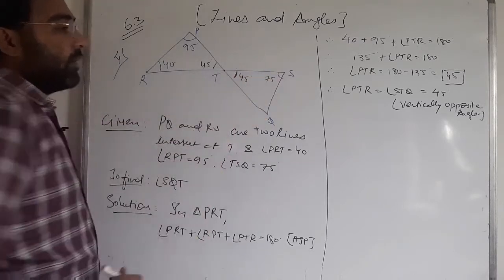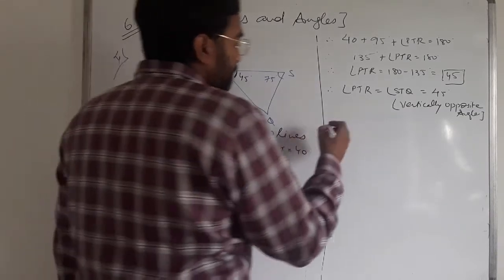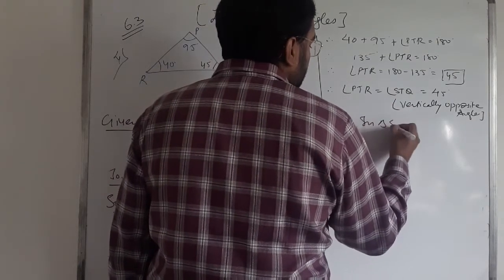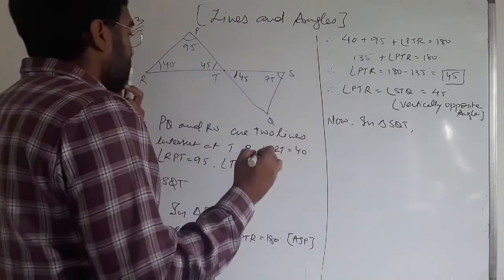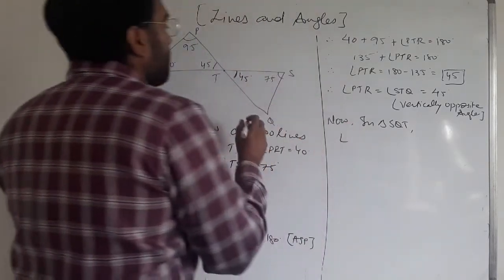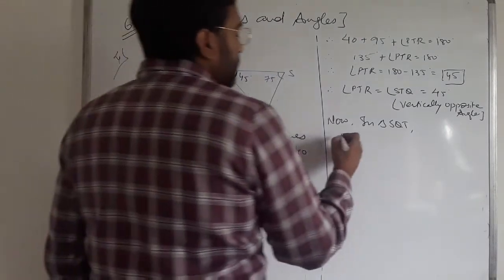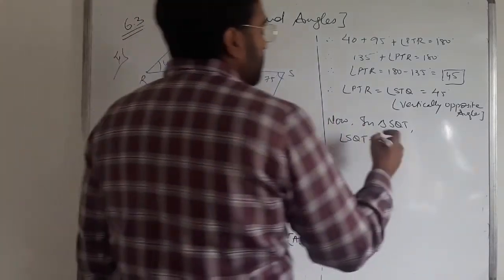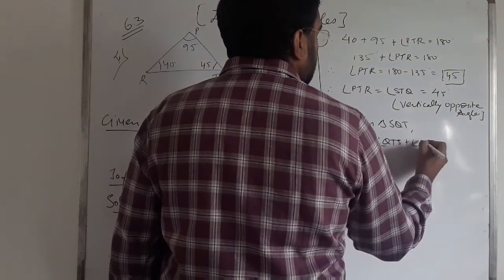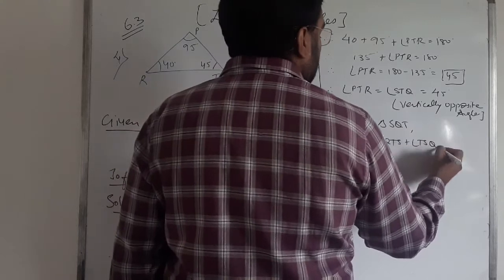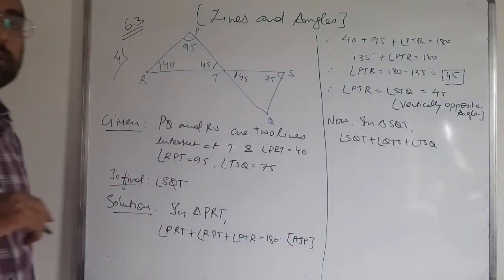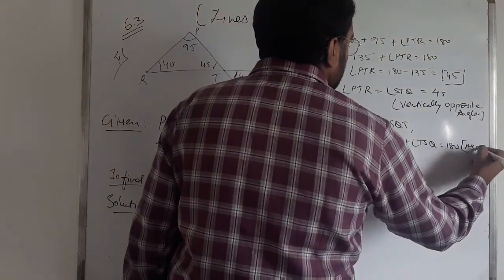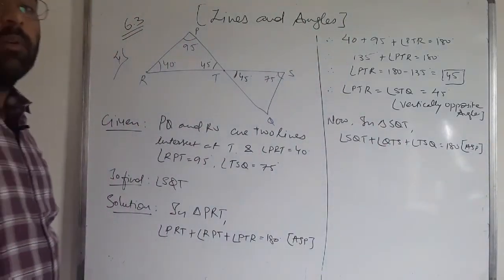Now in triangle SQT, the sum of all angles, that is angle SQT plus QTS plus TSQ, is equal to 180 degrees.